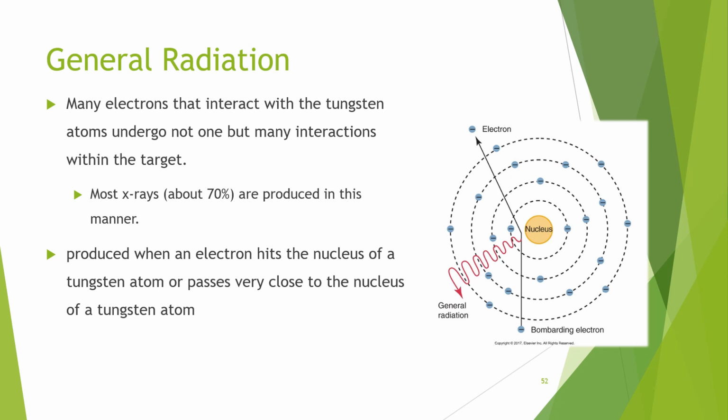And it's produced when the electron hits the nucleus of a tungsten atom or it passes very close to the nucleus of the tungsten atom. That term breaking actually refers to the sudden stopping of high-speed electrons once they hit the tungsten target in the anode. The electron actually rarely hits the nucleus of the tungsten target, but when it does, all of its kinetic energy is converted into a high-energy X-ray photon.